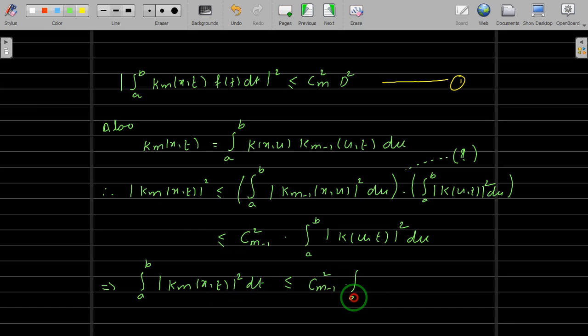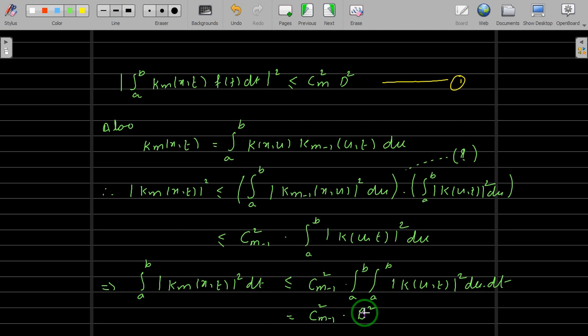Then we will have the double integral a to b of mod of K(u,t) square du and then dt. And let me write here itself. This is equal to C_{m-1} the whole square into b square.